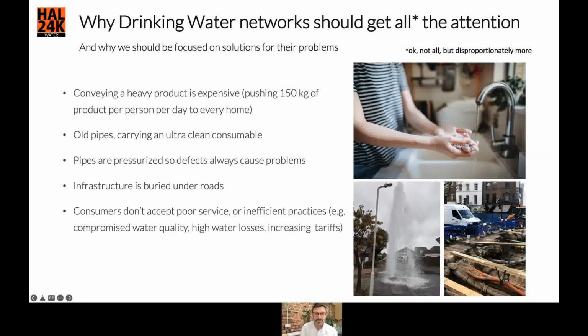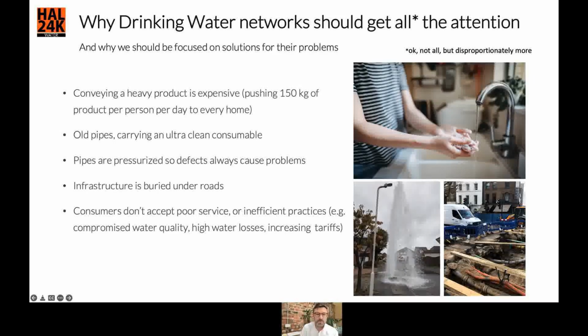We typically live in a world now where consumers are expecting more and more and more. What does that mean? That means that a poor quality of water is an absolute no. And thankfully water quality around the world is better than it was, but it's not perfect. And consumers don't allow that.